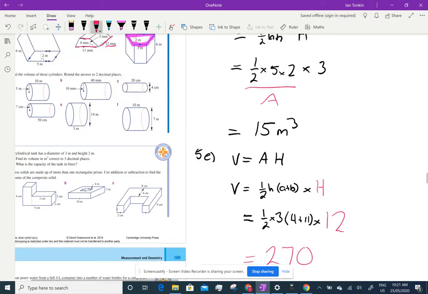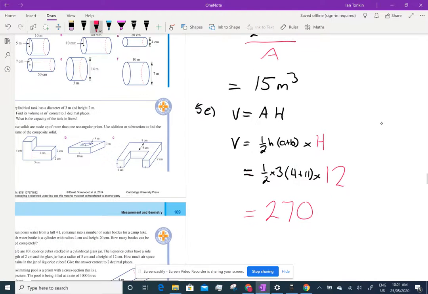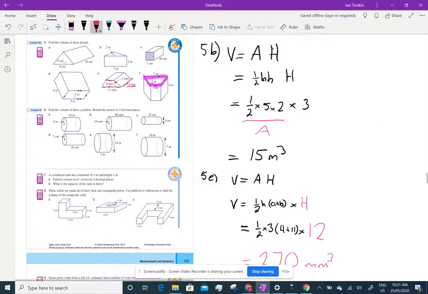And my units, millimetres cubed. I'll just check the answer. So that's 5E, on my right. So that's all you have to do at this stage.